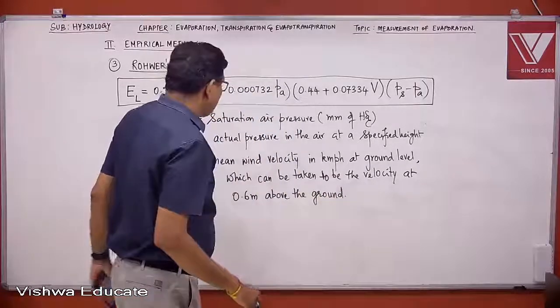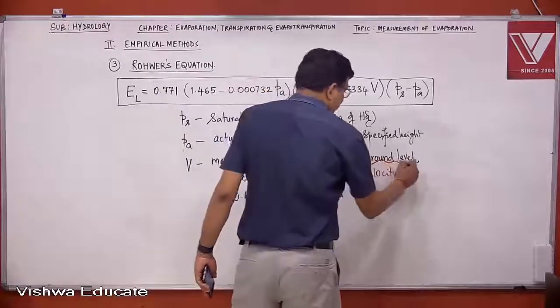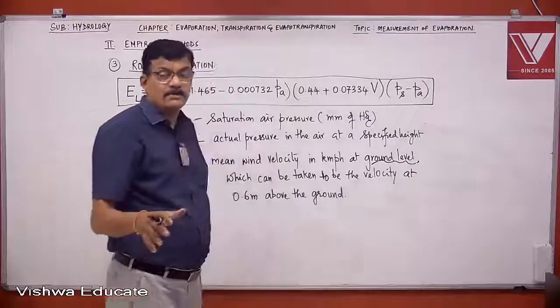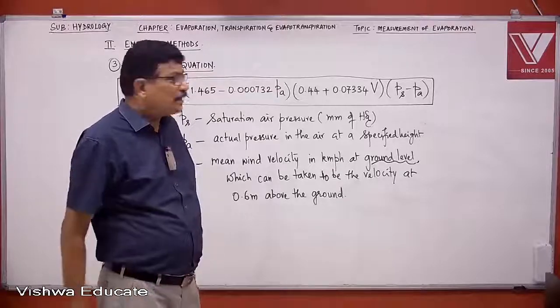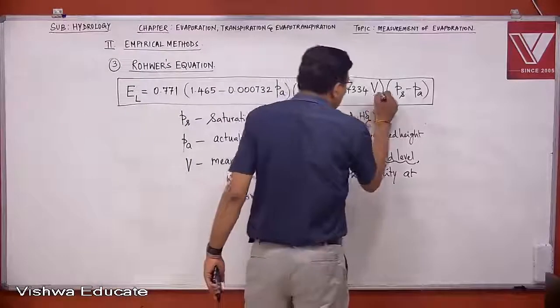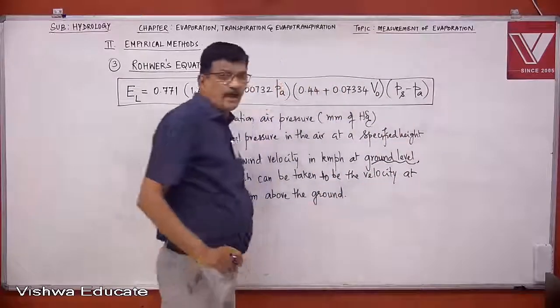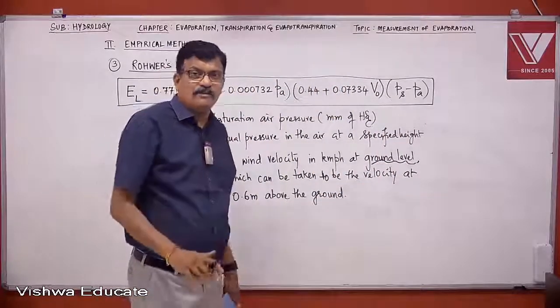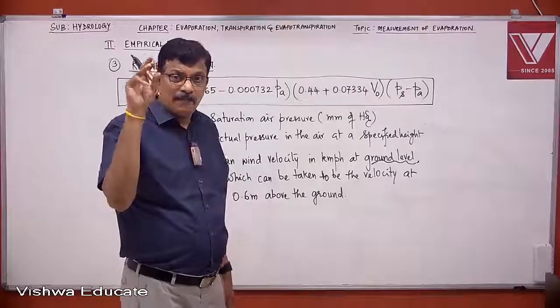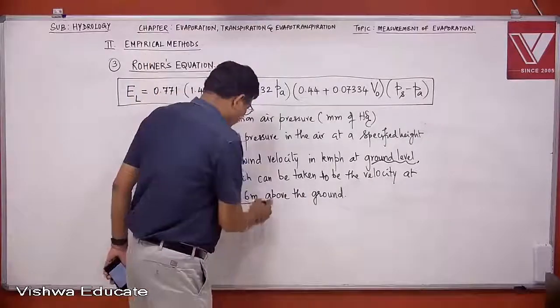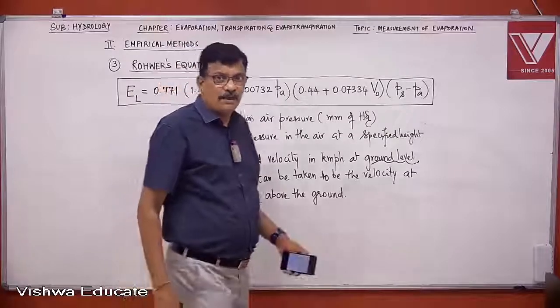So when we say at the ground level, it is not exactly in contact with the ground, but about 60 centimeters above the ground level. Hence, in the formula, you can see this as V naught, V at 0 meters from the ground, theoretically, but practically it is about 0.6 meters above the ground.